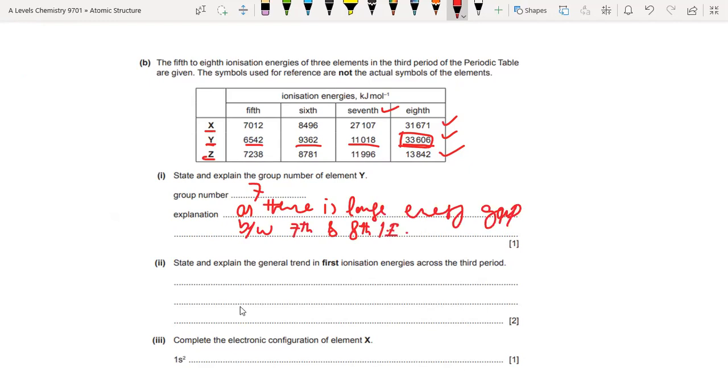Okay. State and explain the general trend in the first ionization energies across the period.